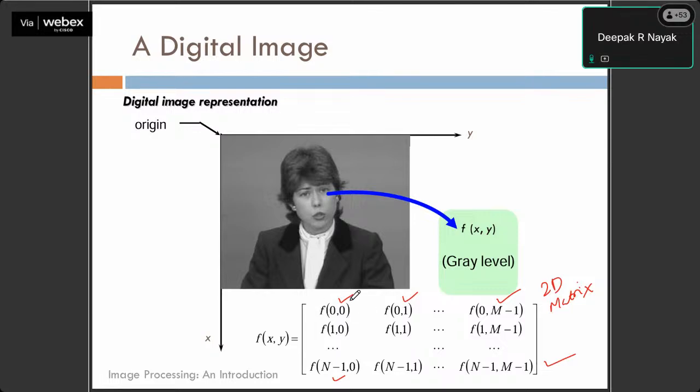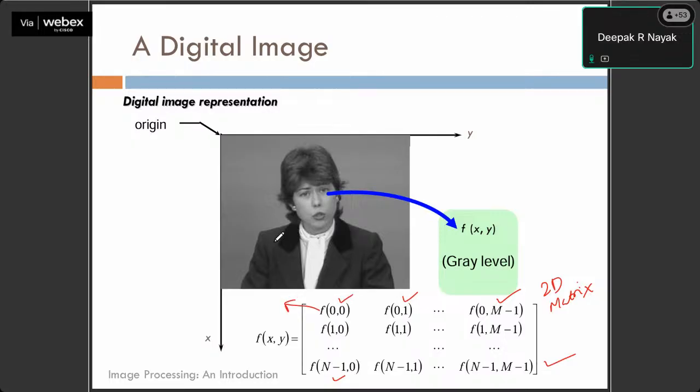This f of xy can be represented with a matrix, or a two-dimensional array, which contains the intensity values, where f of 0, 0 is the intensity value at position 0, 0.